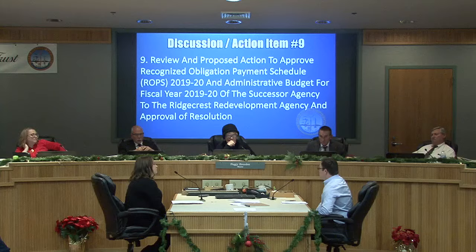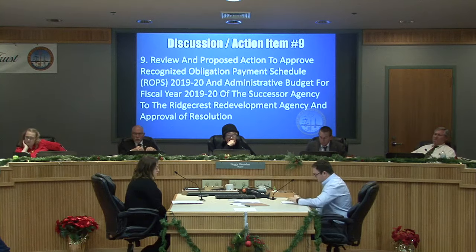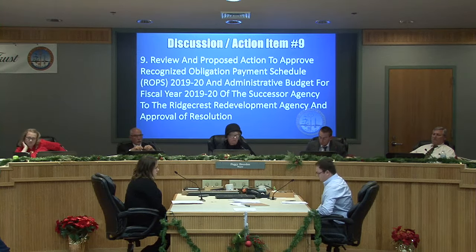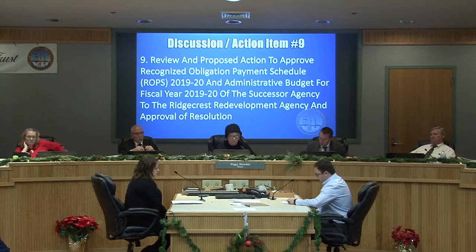So DOF will have that number in their review in February, and they will determine whether any of that money can be paid back. According to my calculations, we should be able to start paying that loan back in the 2021 fiscal year, and the total loan amount of about $3.1 million should be paid by 29/30.